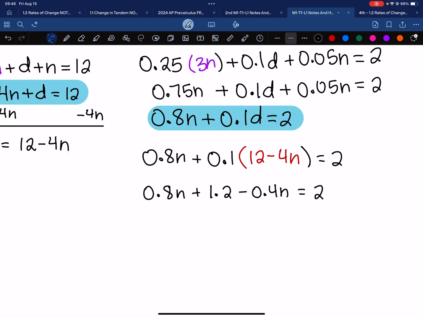Combine like terms, 0.8n and minus 0.4n, that is 0.4n. I'm also going to subtract 1.2 from both sides. So 2 minus 1.2 is equal to 0.8.